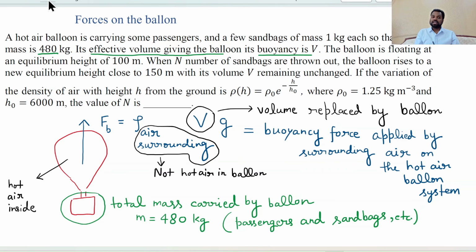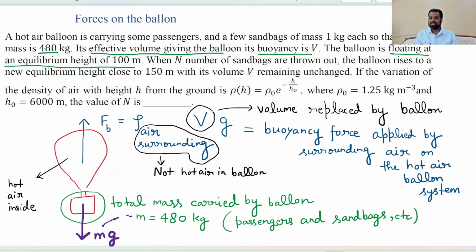It says the balloon is floating at an equilibrium height of 100 meter. So what is equilibrium? We have another force, which is downward, which is mg.